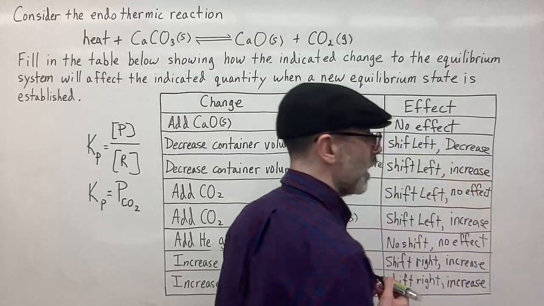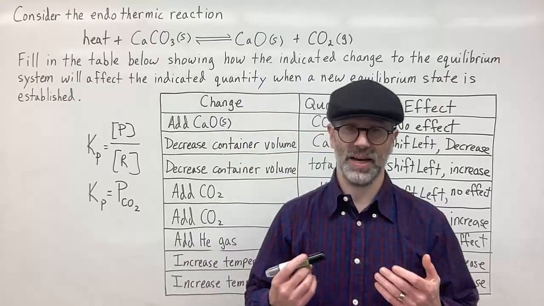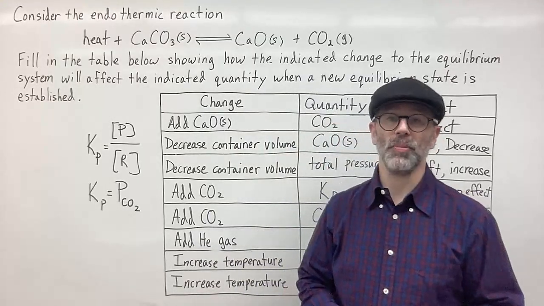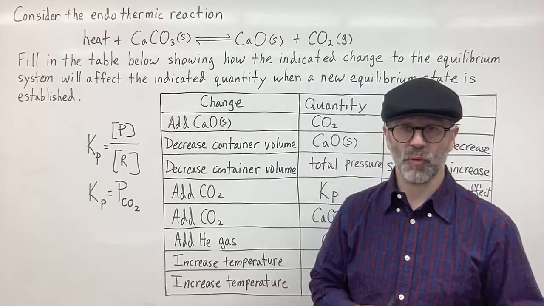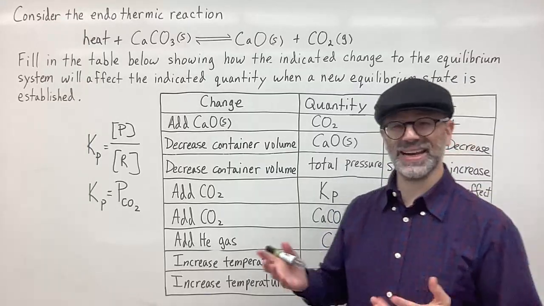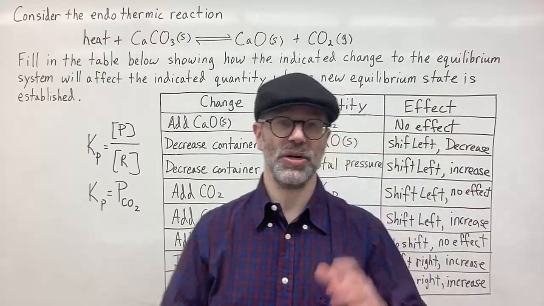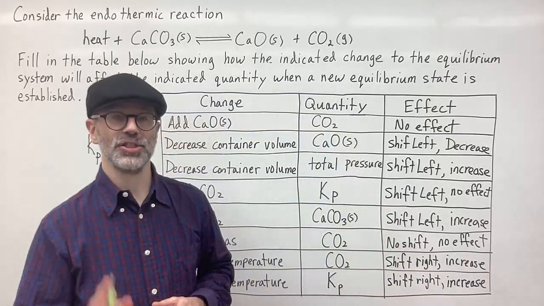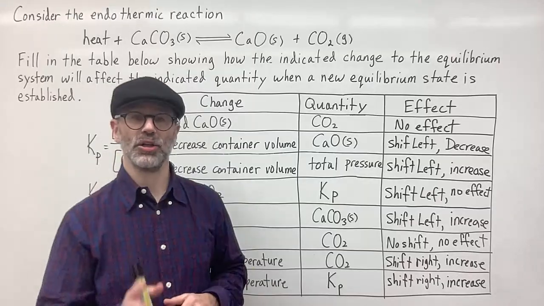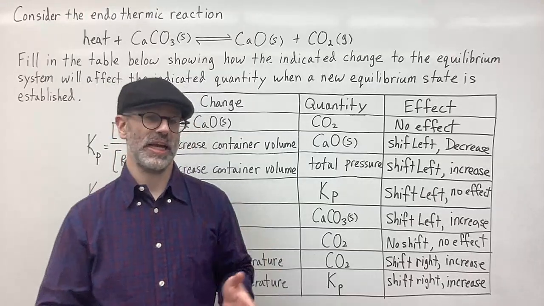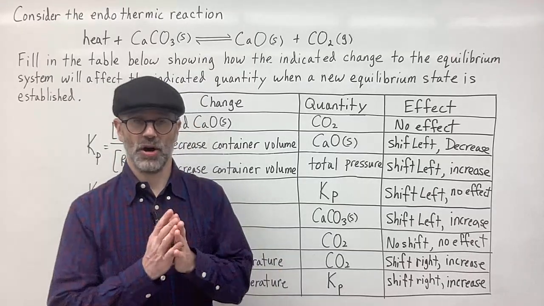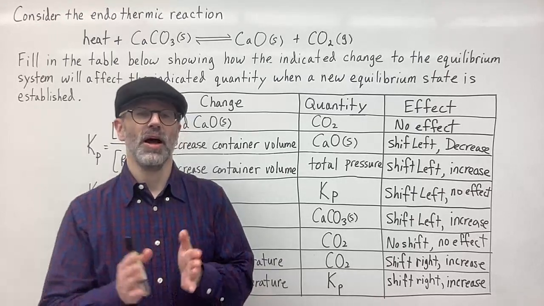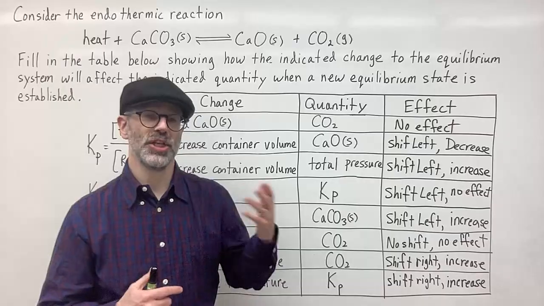So the Kp value, the equilibrium constant at the new temperature, will be higher than it was before. And again, I think I mentioned it, but I'll mention it again: the only thing that will change the K value, your equilibrium constant, is a change in temperature. Because your equilibrium constant depends on temperature, and therefore changing the temperature is going to change the constant.